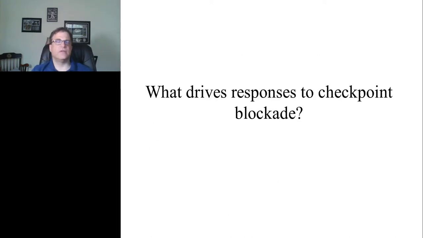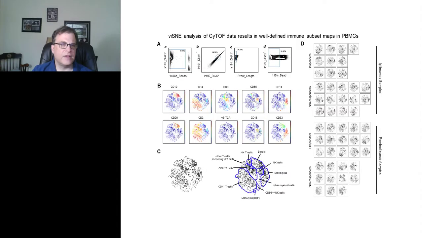So we next asked the question about what drives response to checkpoint blockade, and we set up CyTOF panels. CyTOF panels use antibodies that are conjugated to heavy metals, and use the mass of these heavy metals to detect the markers on immune cells as opposed to flow cytometry.